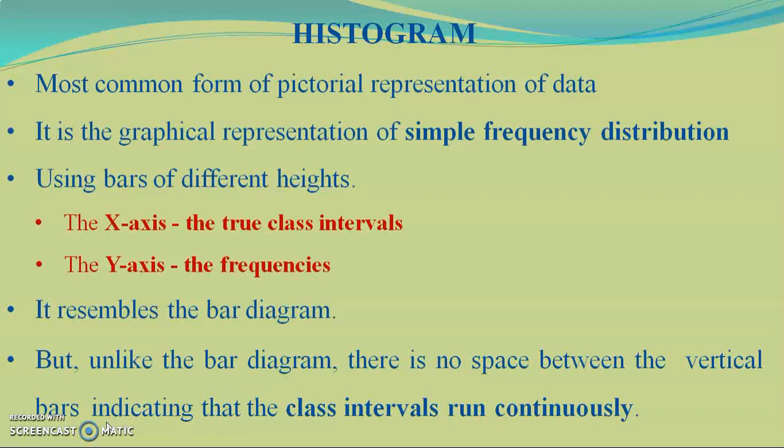In the bar diagram, we can see space in between 2 different bars, but in a histogram, there will be no space in between the vertical bars. So the class intervals run continuously. We have seen 180 to 219, and the next class begins from 220, so there will be no space.